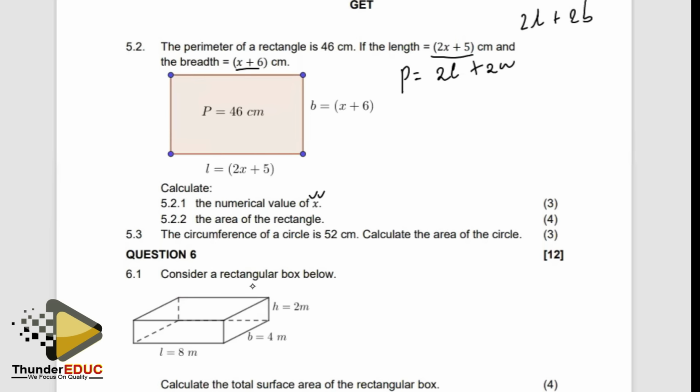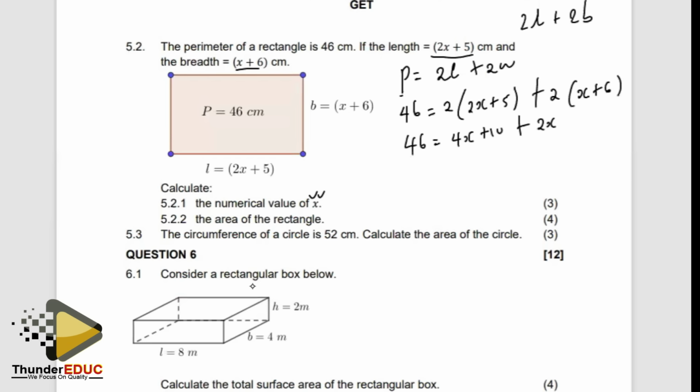Then do the substitution that the perimeter is 46. This is twice the length, which is 2x plus 5, plus twice the width, which is x plus 6. So what we need to do is open up the brackets and collect like terms. So 46 is going to be 4x plus 10 plus 2x plus 12.